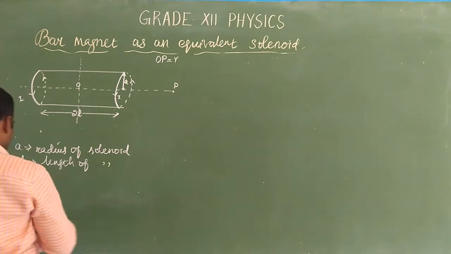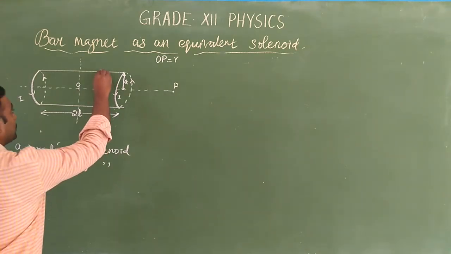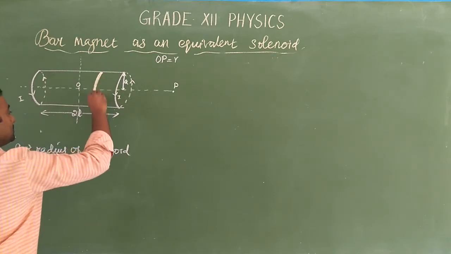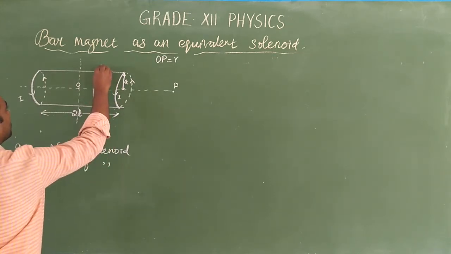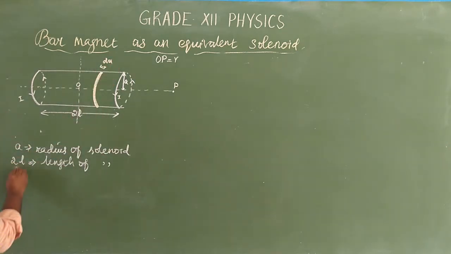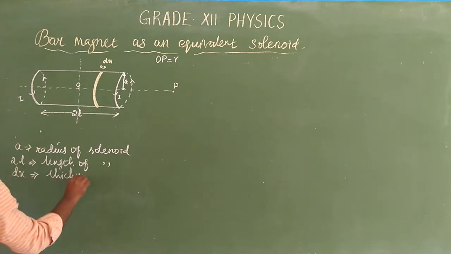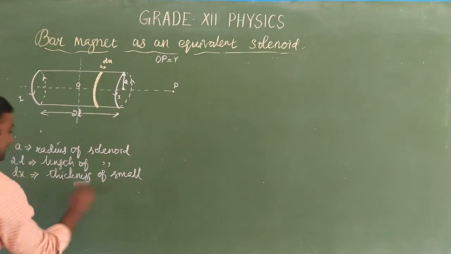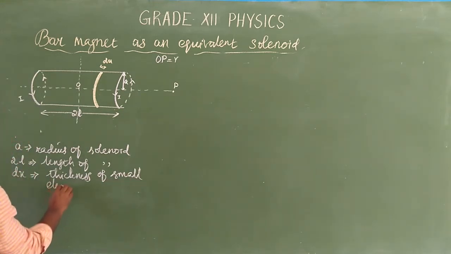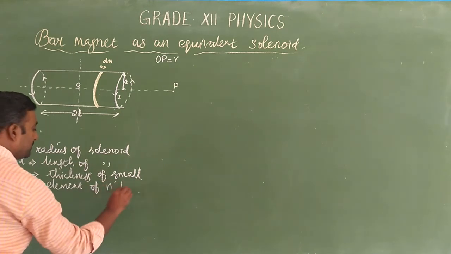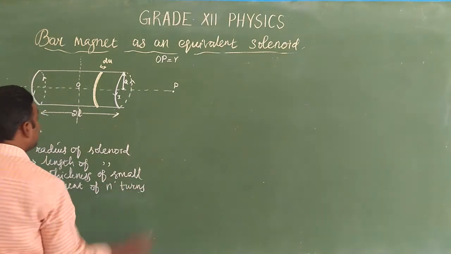Okay, so now we take a small portion. Let us take the small portion dx. dx is the thickness of the small portion, the thickness of a small current element of n turns. We do not know how many turns are in it. That is n turns.